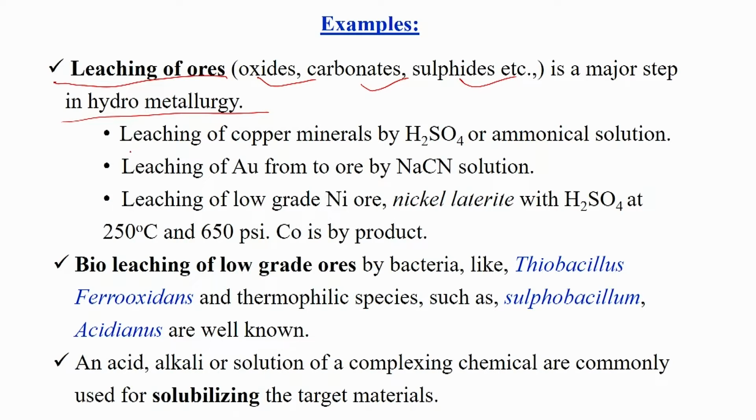There is leaching of copper minerals by sulfuric acid or ammoniacal solution, the leaching of gold from the ore by sodium cyanide solution, and the leaching of low grade nickel ore, called nickel laterite, with sulfuric acid at 250 degrees Celsius and 650 psi, where cobalt is the byproduct.